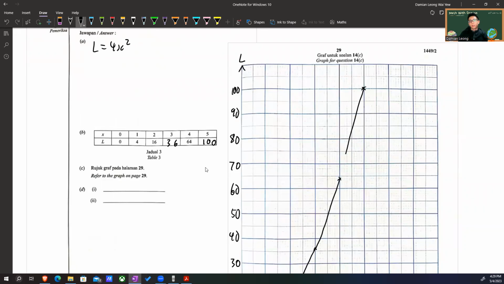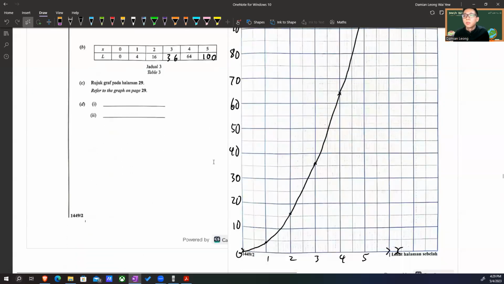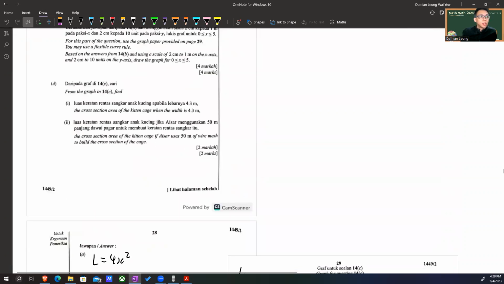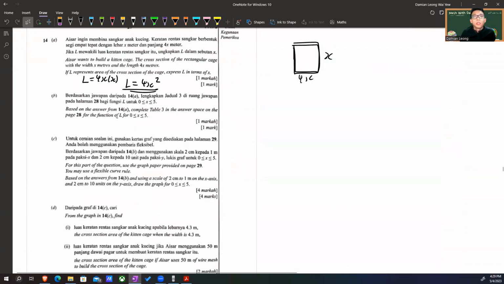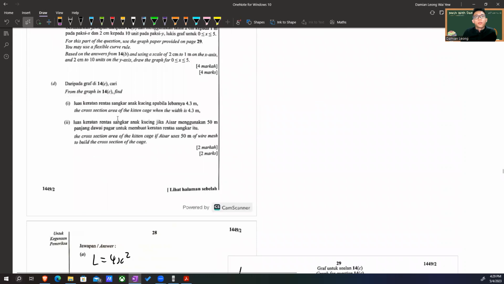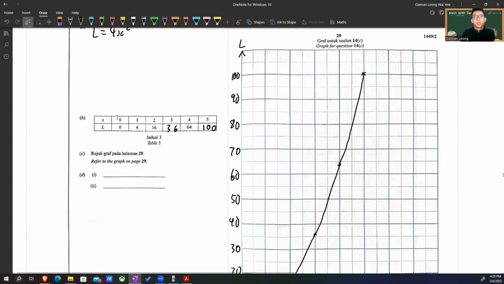So basically, the curve will be something like this. And part D, based on the graph, find the cross section of the kitten cage when the width is 4.3 meters. Width is x. So width 4.3 means x is 4.3.